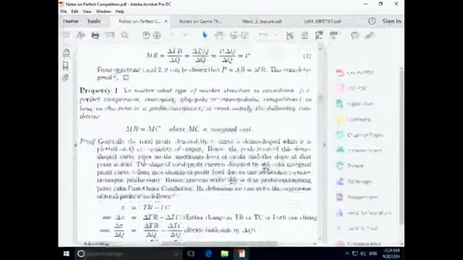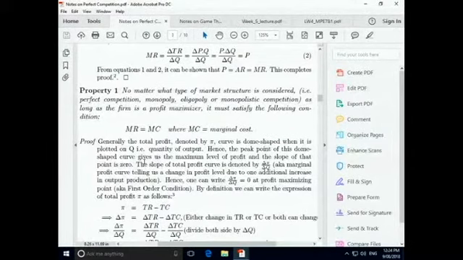Now we go back to the next proposition, or property. Now look at this. Once I finish this property, pretty much you finish monopoly, oligopoly, whatever you get, all are done. So look at what I'm saying. No matter what type of market structure is considered, you can consider perfect competition, monopoly, oligopoly, monopolistic competition, monopsony, duopsony, you name it.